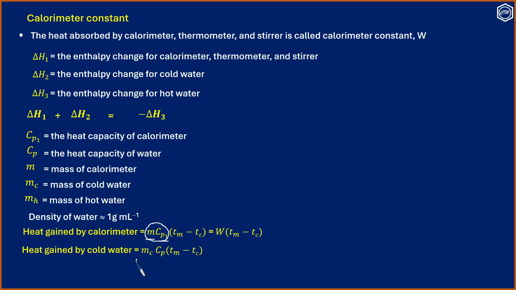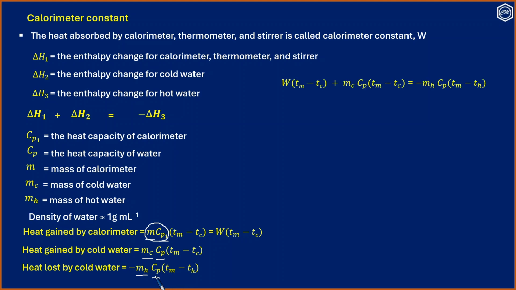Heat gained by cold water, that is mass of cold water into heat capacity of water into difference in temperature. Heat lost by hot water, we take it as negative: mass of hot water, heat capacity of water, and temperature difference.